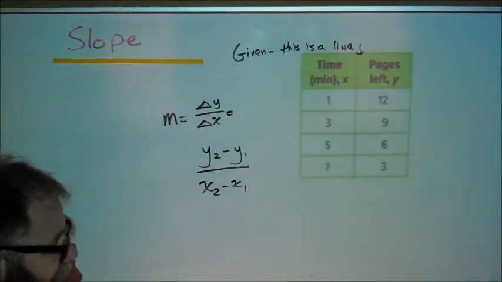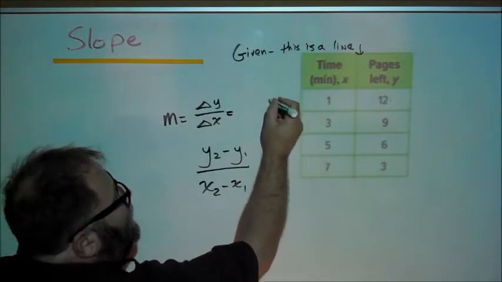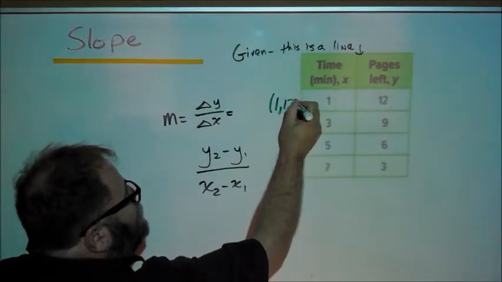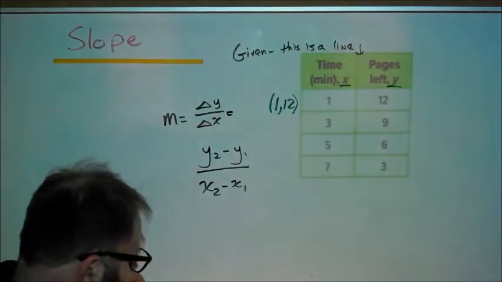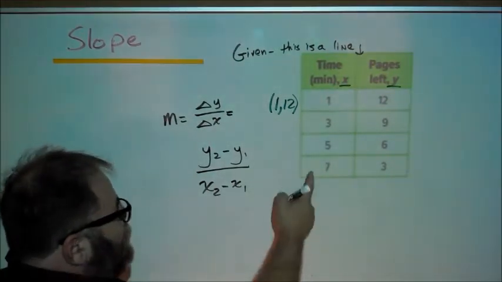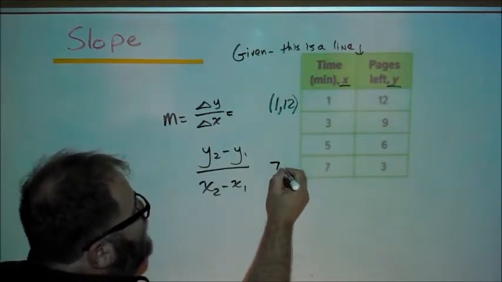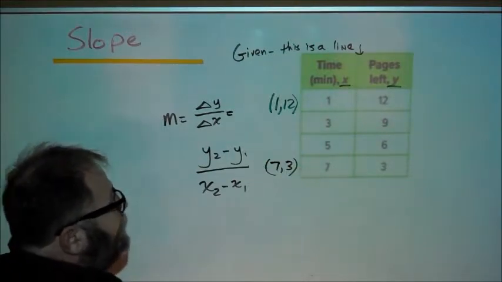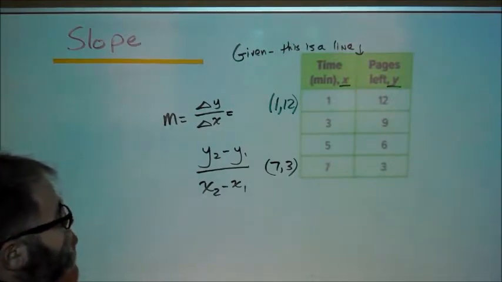So just so that we're clear about what we've got here, let's call this our point 1. So we've got 1, 12. Kind of a reminder here that that's x and y. And then let's make this one our point 2, and we'll say this is 7, 3. And now we're going to fill in our pieces.